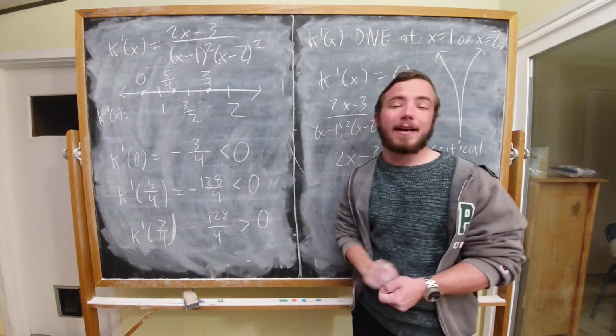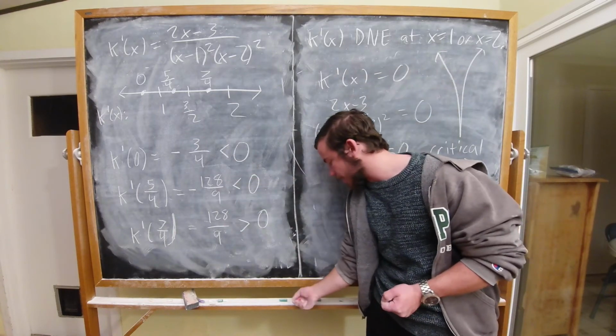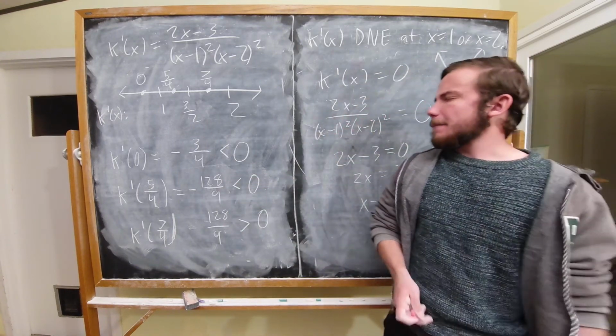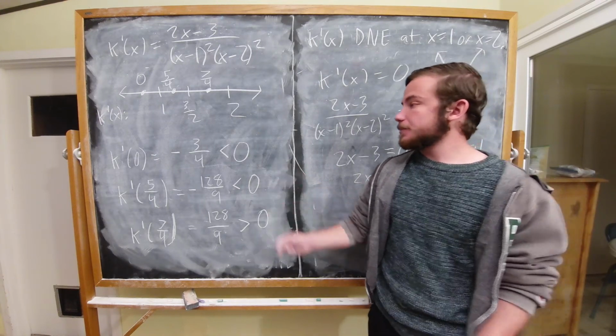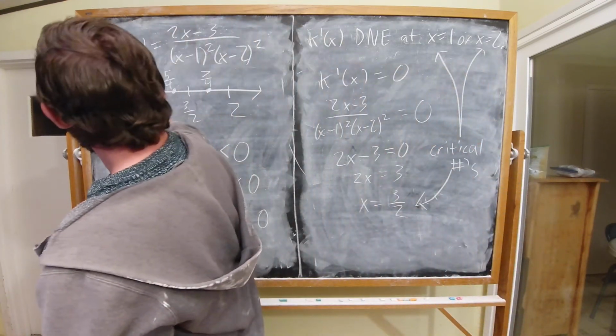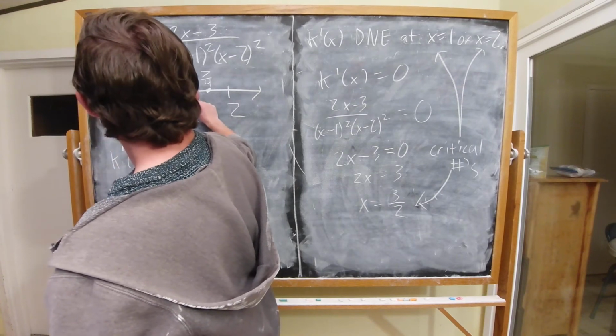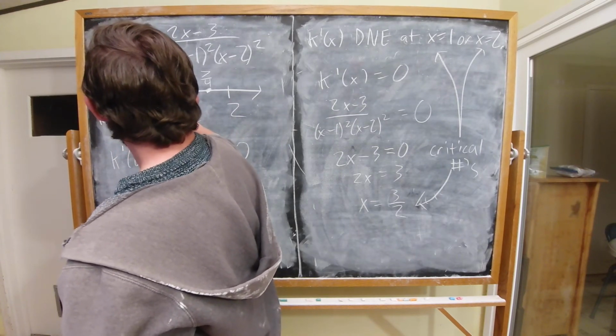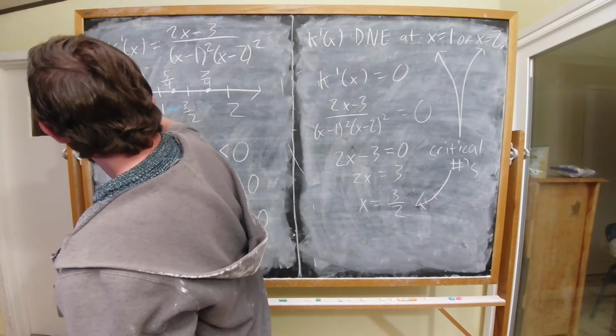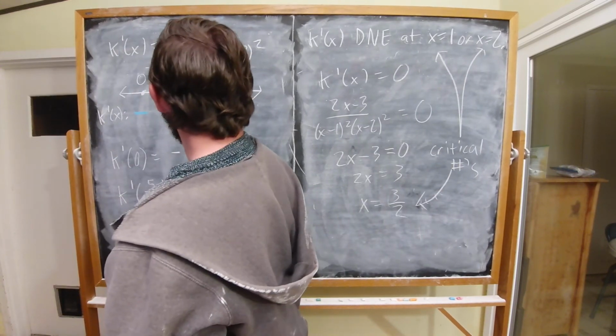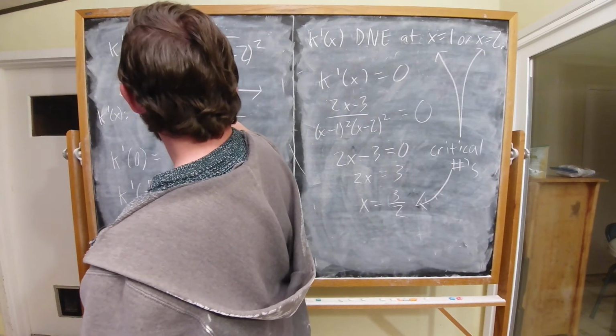But I did the numerical values just for you guys. Okay, what does that tell us? Well, negative, and then in between here, negative as well, and it moves to positive.